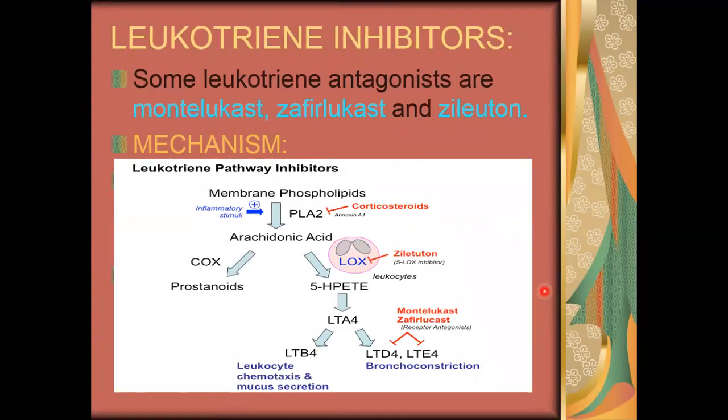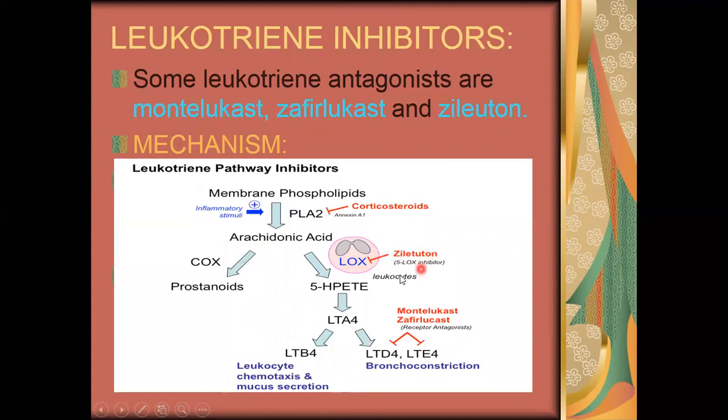Next, coming to another category, that is leukotriene inhibitors. The main examples of this category are montelukast, zafirlukast, and zileuton. The main mechanism of action of zileuton is that it inhibits the lipoxygenase enzyme, LOX, which is responsible for the synthesis of all the leukotrienes from arachidonic acid.